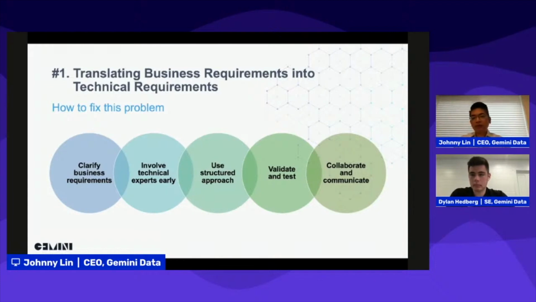Of course, the first step would be clarifying your business requirements from the business owners or users, and then involving technical experts early, right? Because usually that could be your data science team or your architect that could help you identify the right tools or solutions, and then use a structured approach, right?